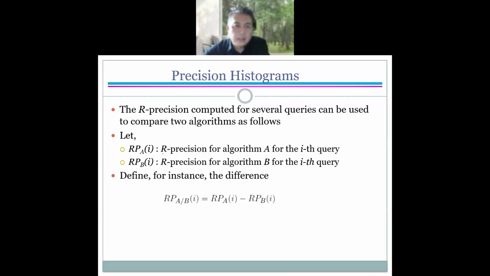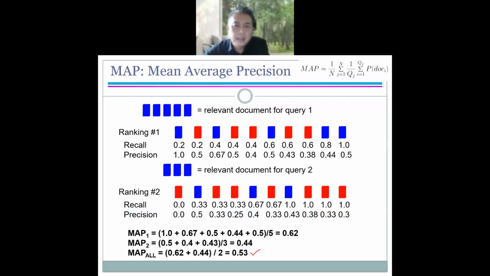This one is looking at the R precision for algorithm A at the I query, meaning that we are looking at the precision at document 5. We are looking at the precision at document 5. So we take the difference.